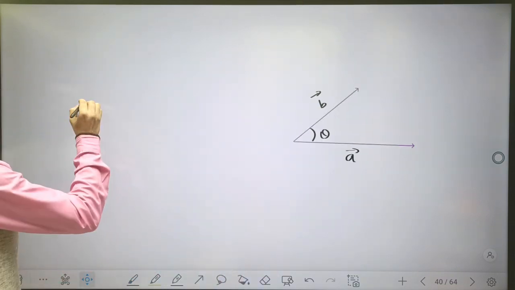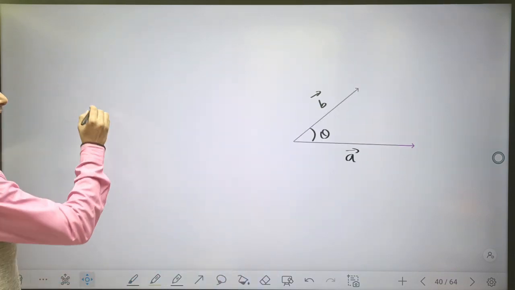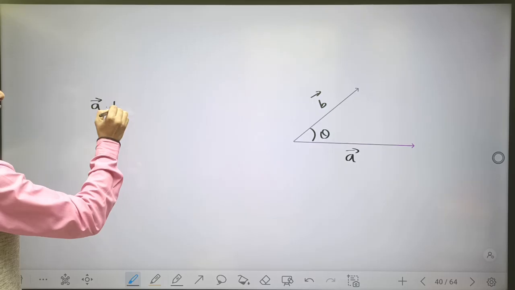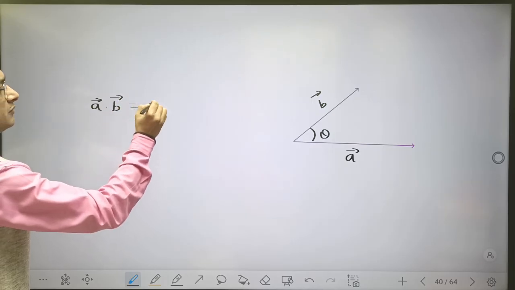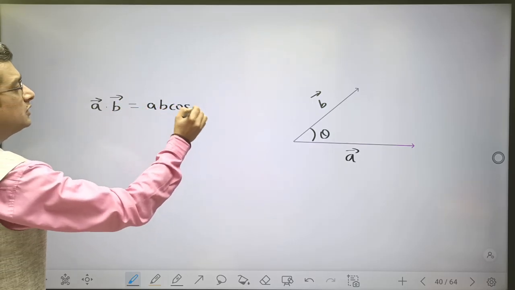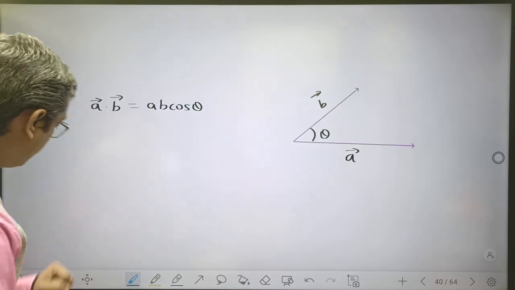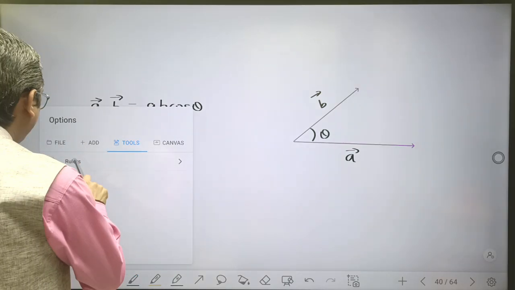Now what is actually A dot B? So A dot B is given by A into B cos theta. Now observe carefully, very important topic.